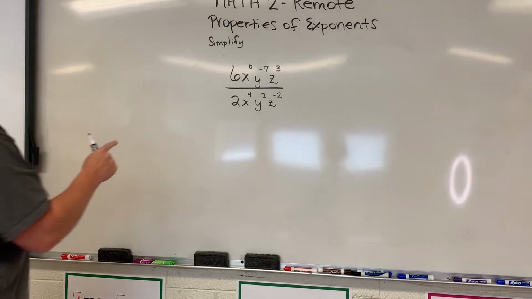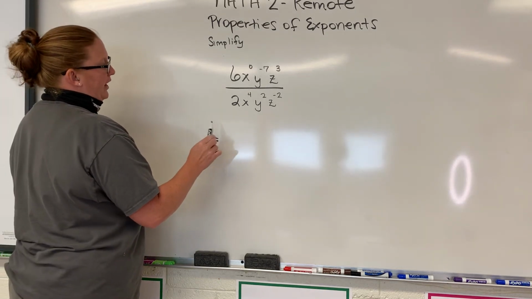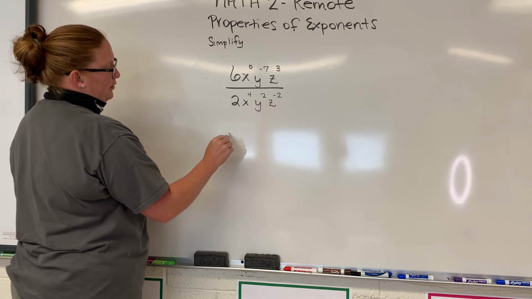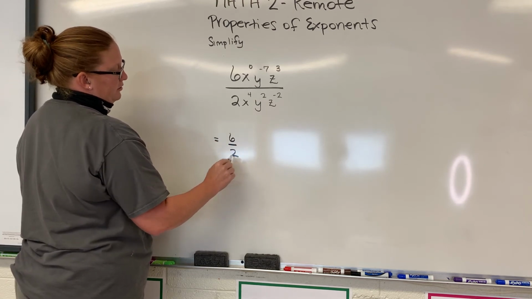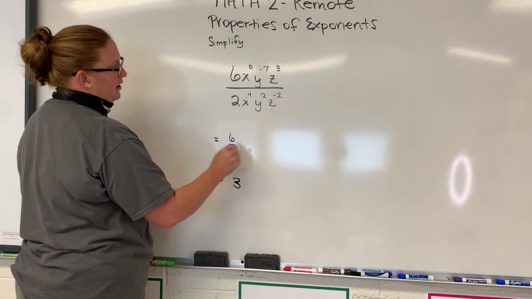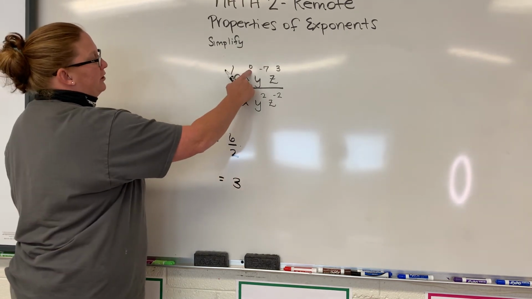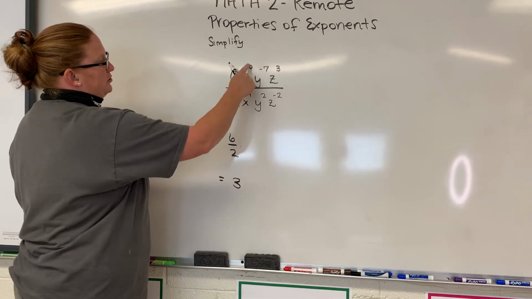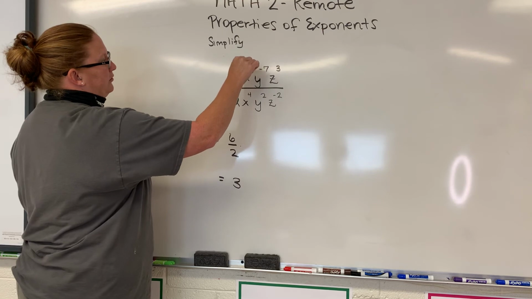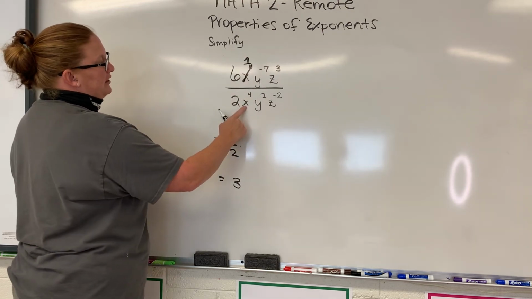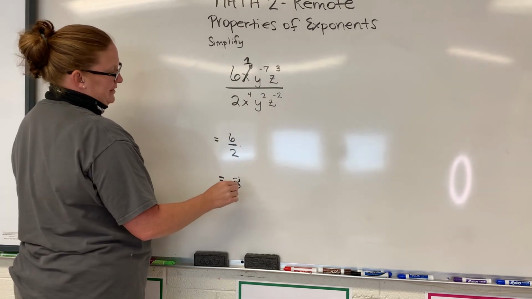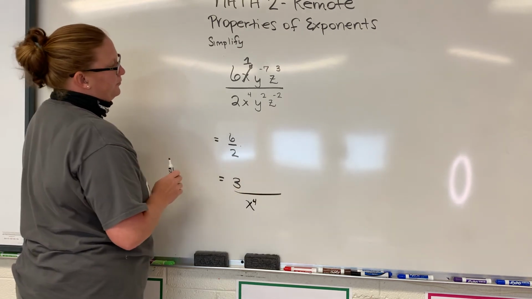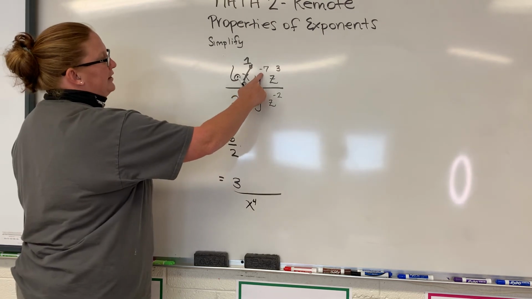Let's just start with dividing first and see what happens. So we have 6 divided by 2, and that would be 3. Now I have 0 where it's at. X to the 0 is just 1. So really, if that's just 1, I don't need to worry about it. So x to the 4th is going to stay where it's at, here on the bottom. Now y to the negative 7.